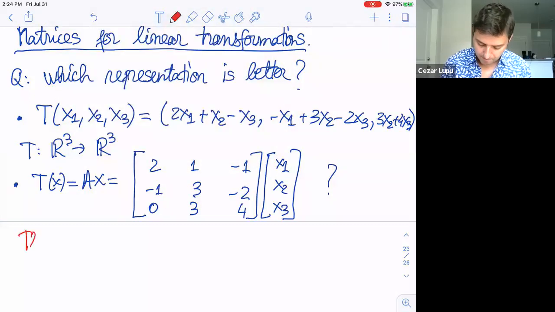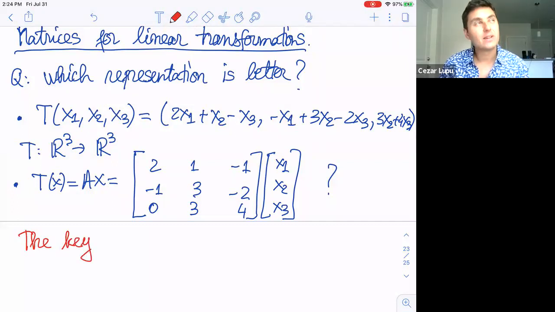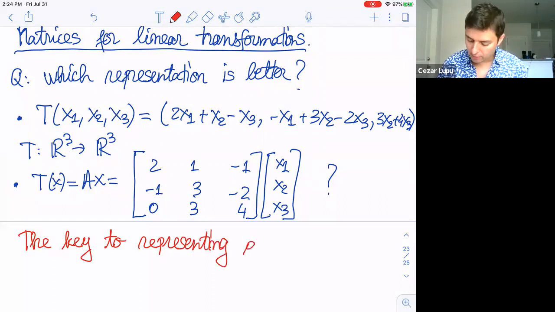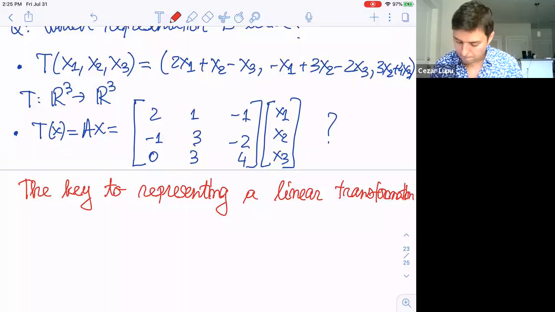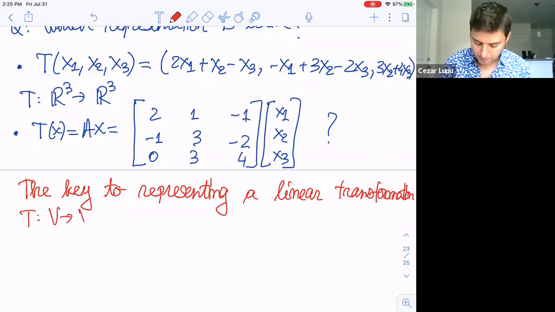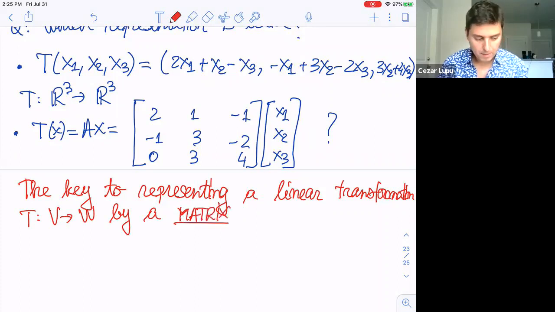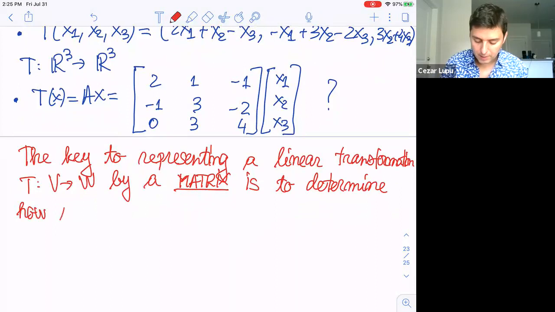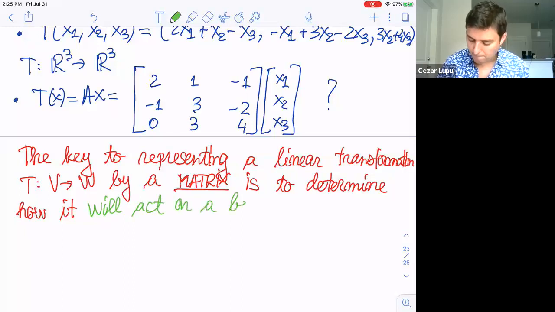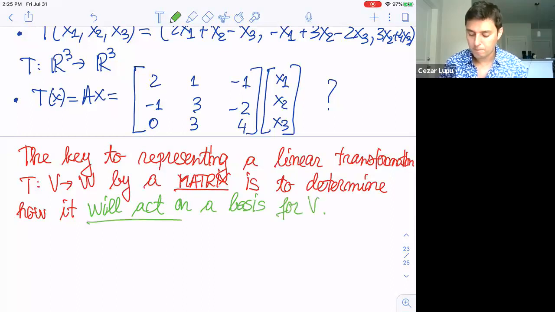The key to representing a linear transformation T from V to W by a matrix is to determine how it will act on a basis for V. This is important.